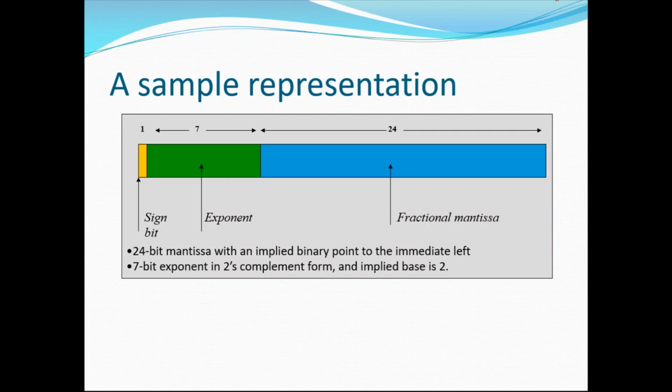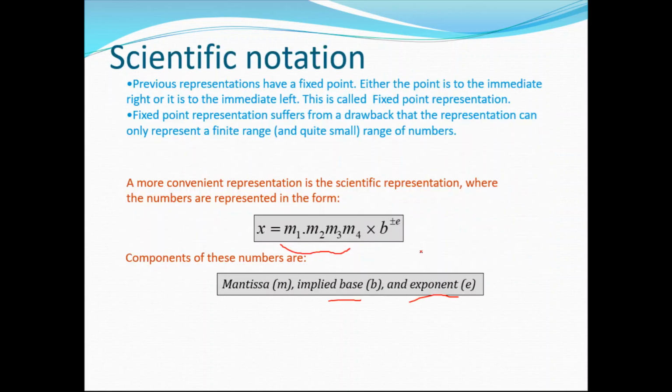So this part is nothing but the Mantissa, and the base and the exponent. What we are going to do is represent binary numbers also in this format, with Mantissa and exponent. Here the base will be assumed as 2, so the implied base will be 2.